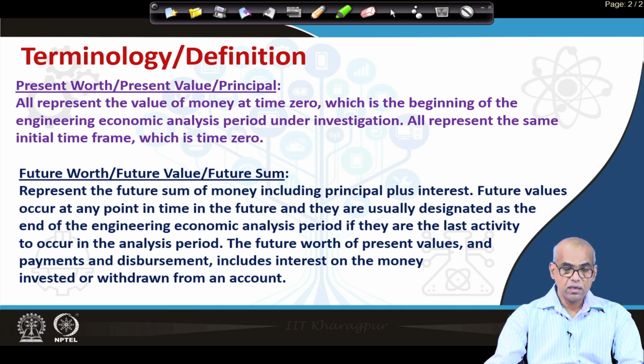Future values occur at any point in time in the future and they are usually designated as the end of the engineering economic analysis period if they are the last activity to occur in the analysis period. The future worth of present values and payments and disbursements includes interest on the money invested or withdrawn from an account.